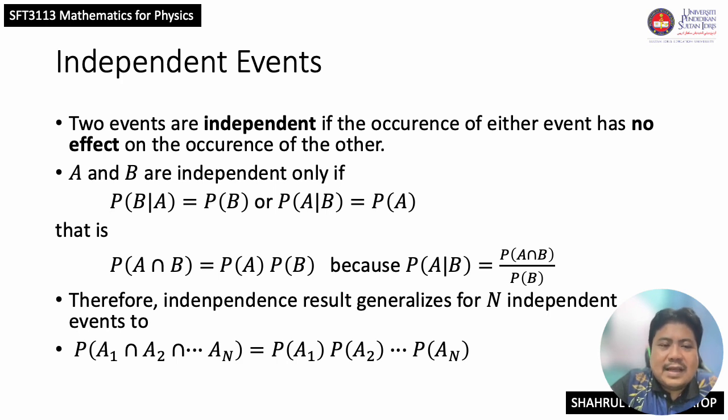Equivalently, the probability of A intersect B is equal to the probability of A multiplied by the probability of B.